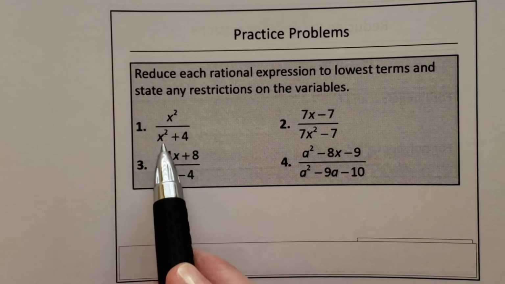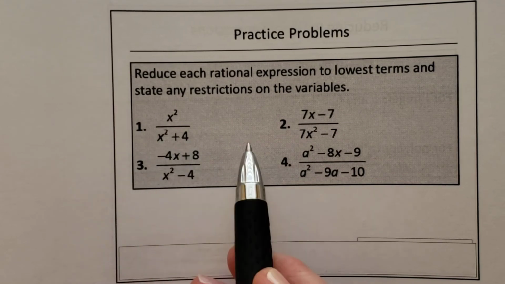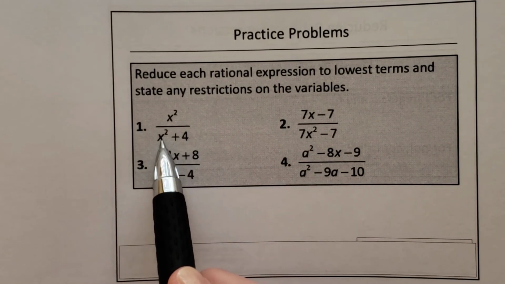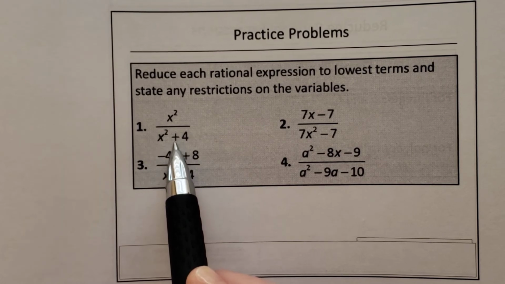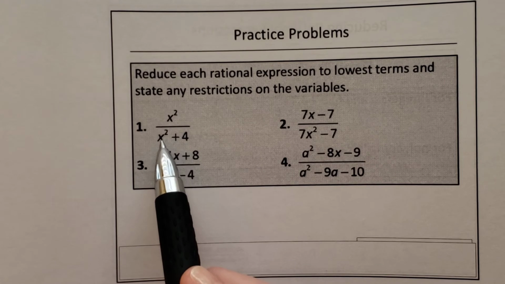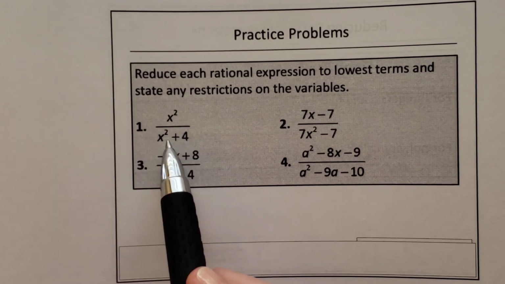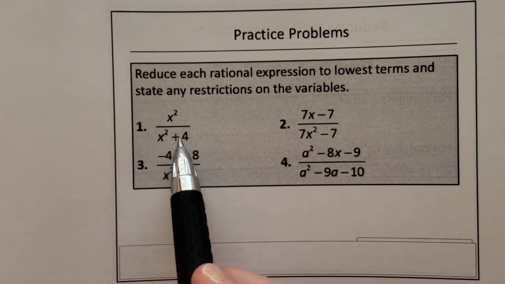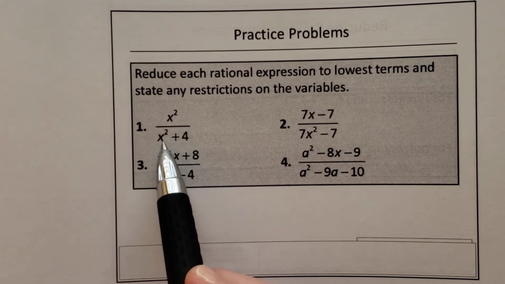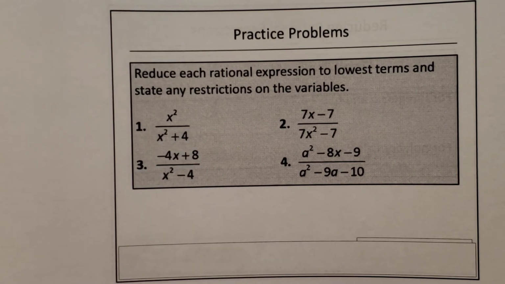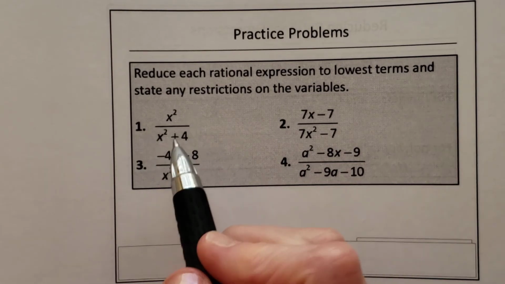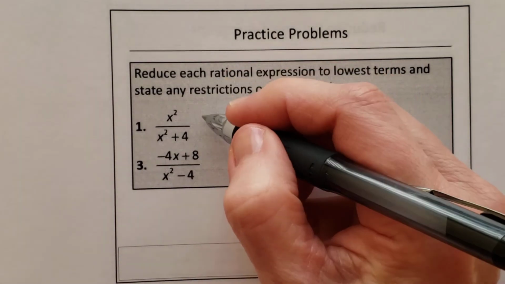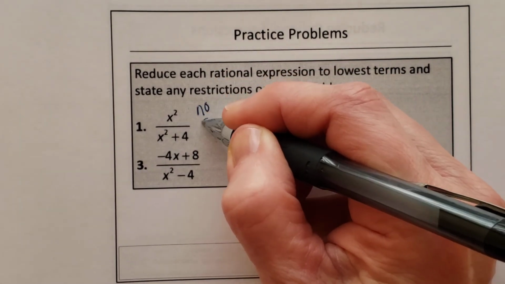All right, so number 1, I have 2 perfect squares, and I see a plus between them. If it was a negative between them, I know it would be x plus 2, x minus 2, but you cannot reduce the sum of 2 squares. So since the bottom is not factorable, there are no restrictions.